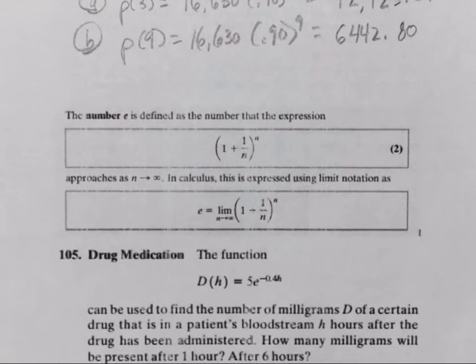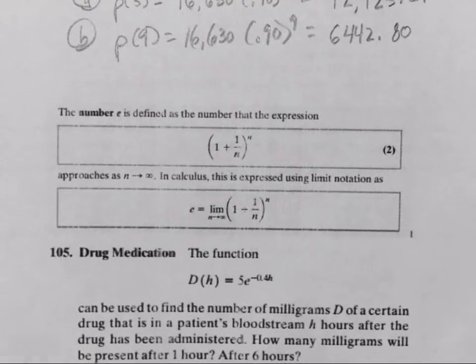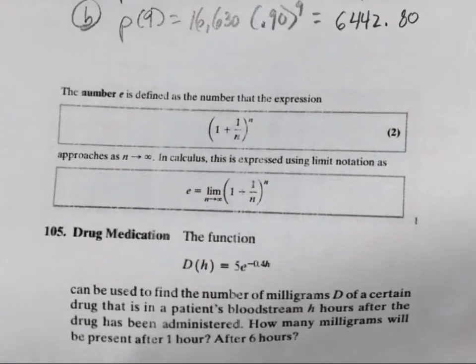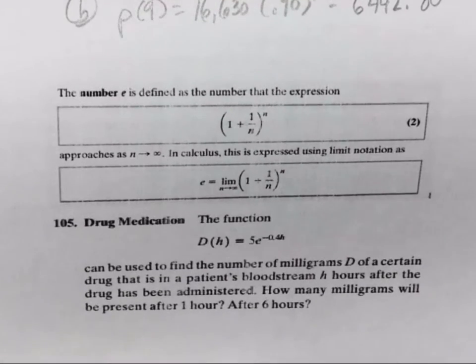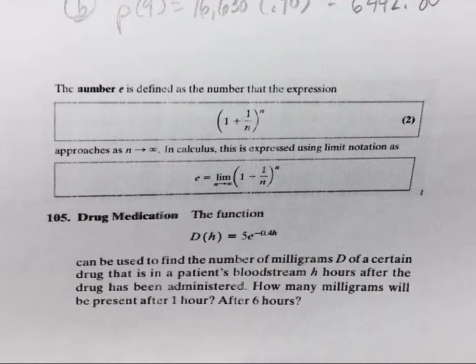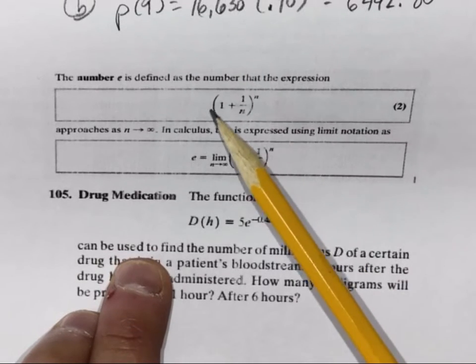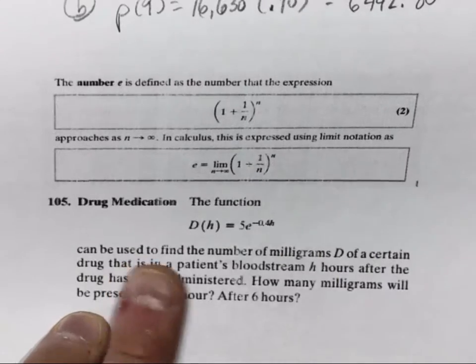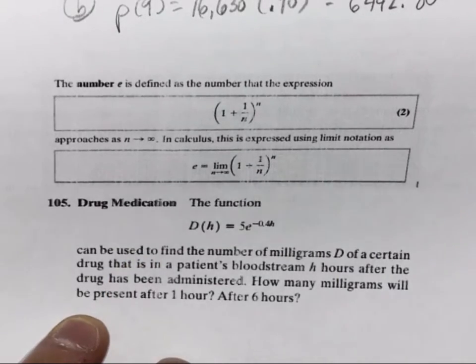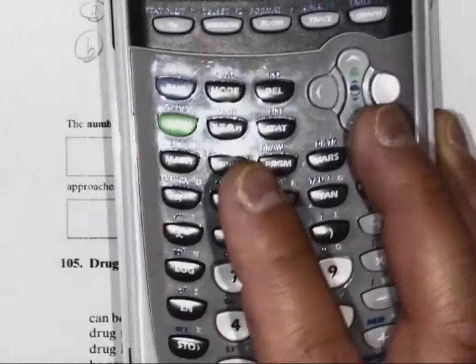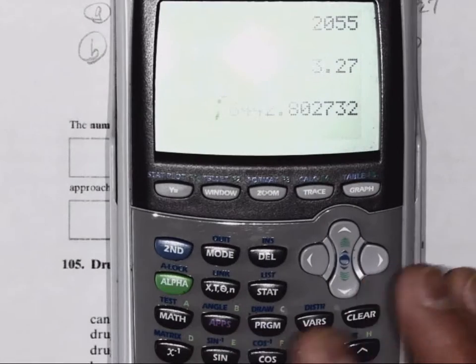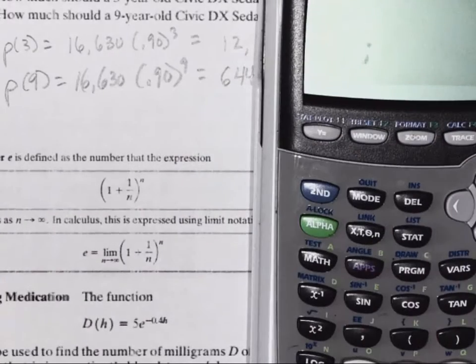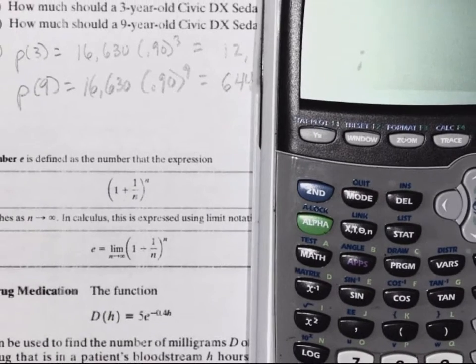And then we go in to talk about the number e. So the number e is described by the variable e. It's kind of weird to say the number e since e is a letter, but e is actually a number, and it is essentially what this expression approaches as n becomes increasingly larger. Okay? You can actually find e on your calculator. So let's zoom out a little bit here.